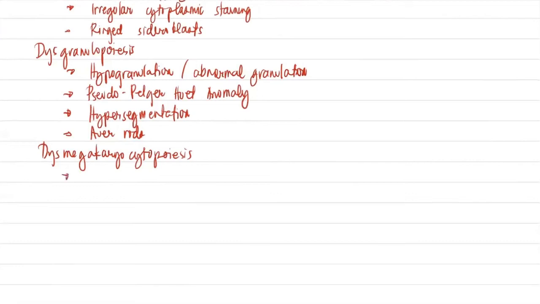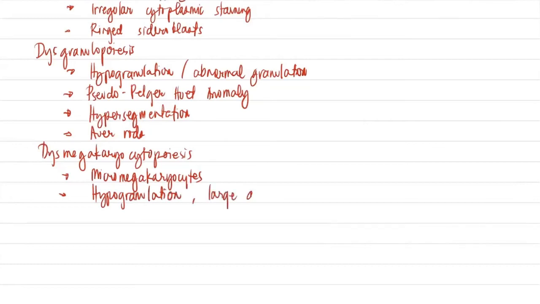So in the case of this megakaryocytopoiesis naman, pwede kang magkaroon ng maliliit na megakaryocytes, so micro megakaryocytes. Okay? Pwede kang magkaroon ng hypogranulation, konti yung granules, which is alam naman natin na necessary ito talaga for platelets, or pwede kang magkaroon ng large abnormal granules. Okay? There could be presence of giant platelets.